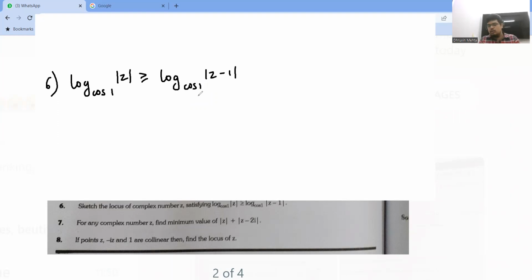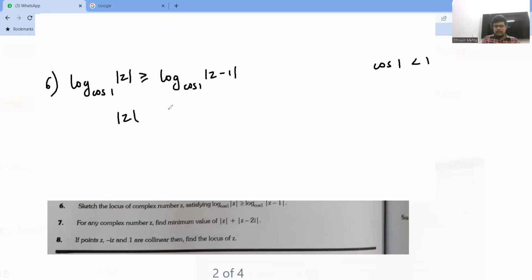So first of all, Arush, do you know that cos 1 is less than 1? Okay. Now there is a rule of log: if it is less than 1, then log of that number is going to be a negative answer. So now I will remove log from both sides.